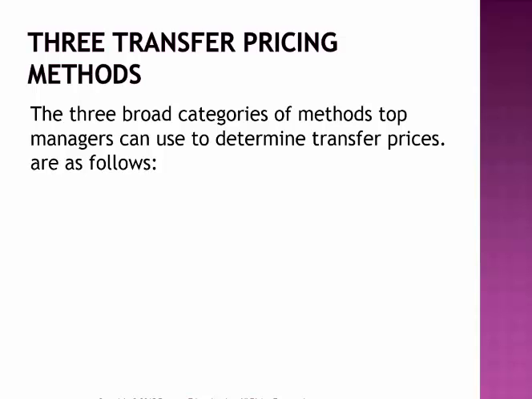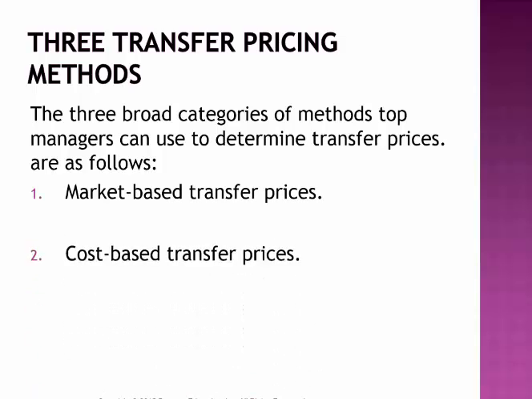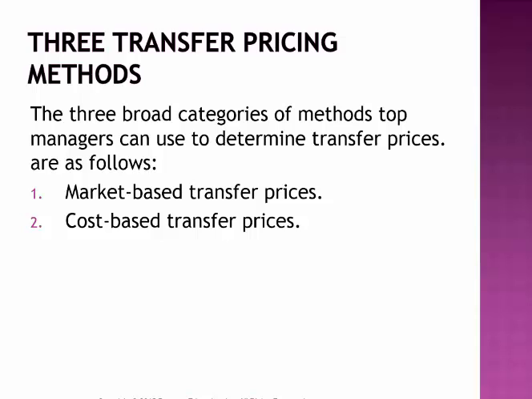We've seen that we have 3 broad categories of methods that managers can use to determine transfer prices. I'm also going to talk to you here in a few moments about some additional issues above and beyond these 3. So we've seen a market-based method, where in a competitive market, a price is set. It is not something that has to be discussed inside the company to set the number.